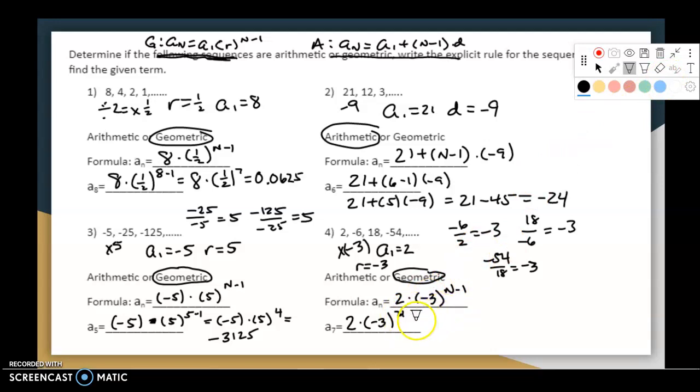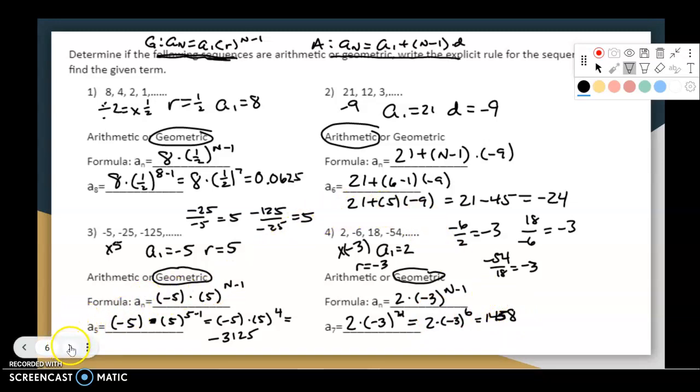There's a minus sign in there. So that's going to be 2 times -3 to the 6th power. And 2 times -3 to the 6th power is 1458. Okay, so that is your value for the 7th term, 1458.